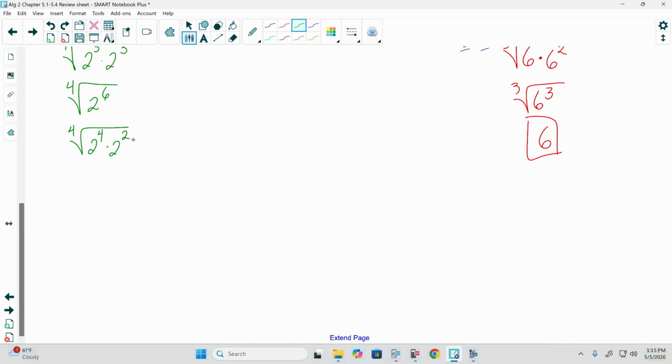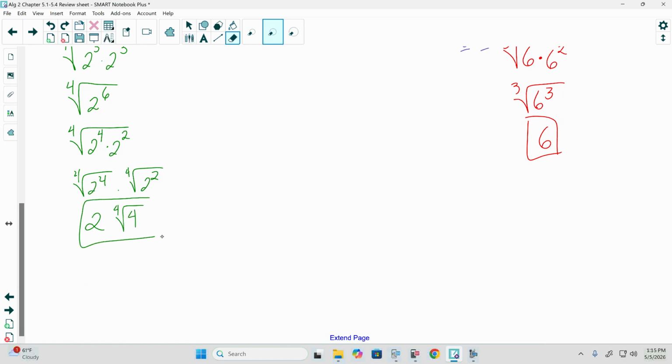That would be one group, because the 4th root of 2 to the 4th. Really, we're saying the 4th root of 2 to the 4th times the 4th root of 2 squared. 4th root of 2 to the 4th is 2. 4th root of 2 squared does not reduce because there are not enough 2's in it to come fully out. So it tells us that we have 2 times the 4th root of 4.